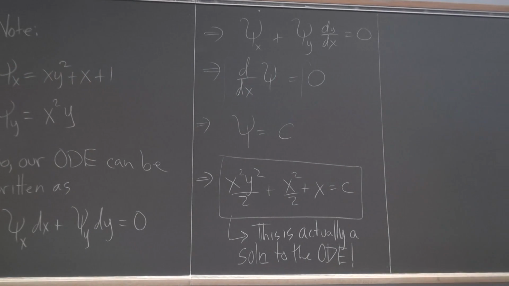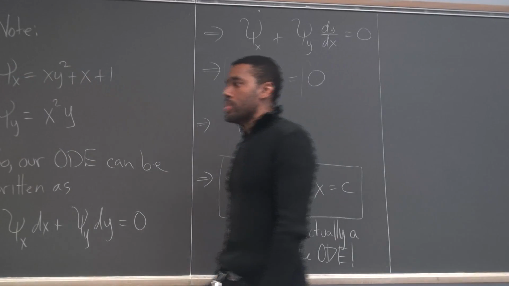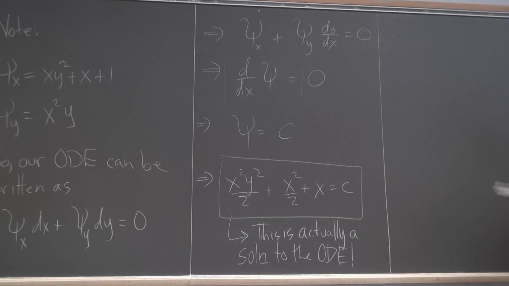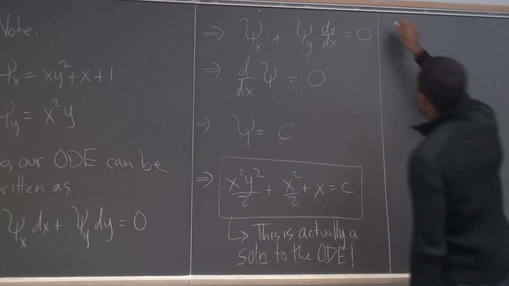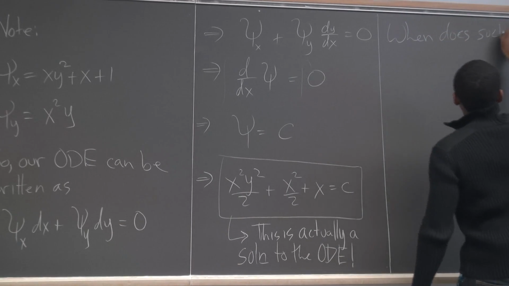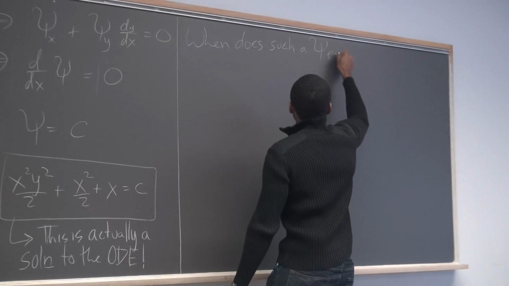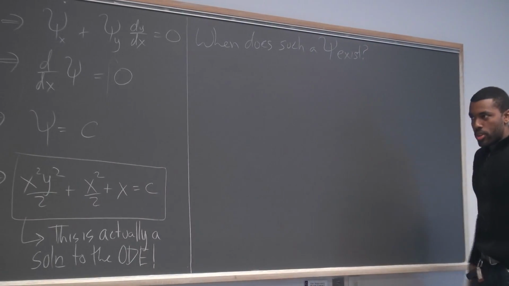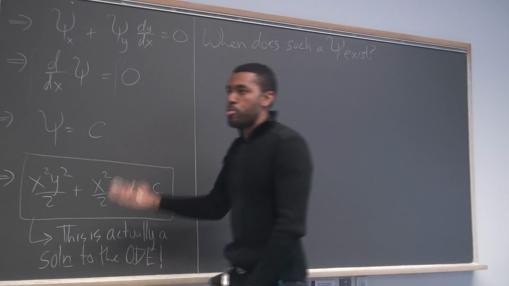We're going to talk about how to know when such a function exists, and then how to actually find it, given that we know it exists. Let's answer that question first. How do we know that this can happen?